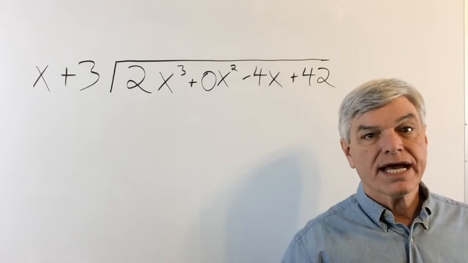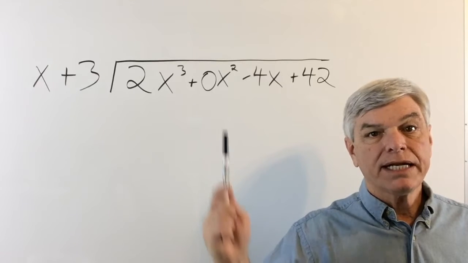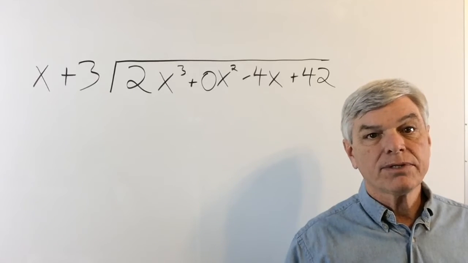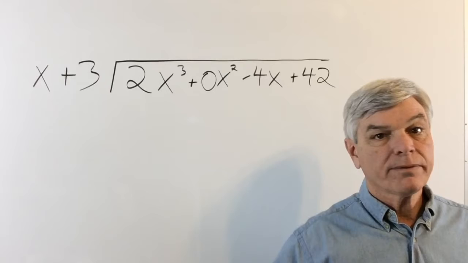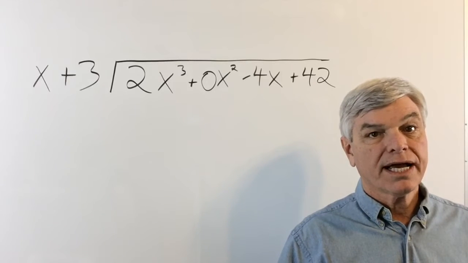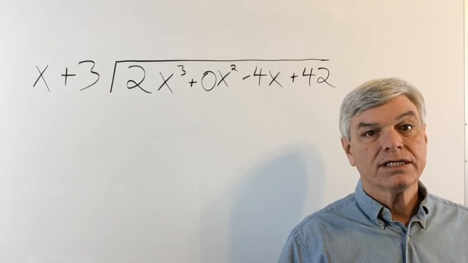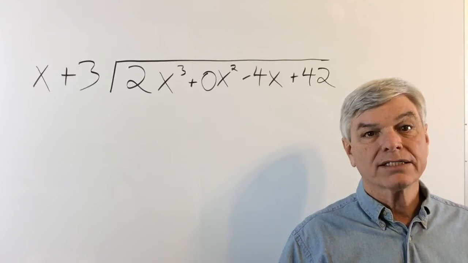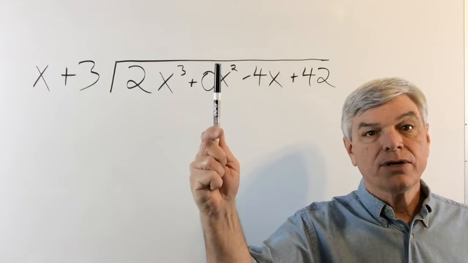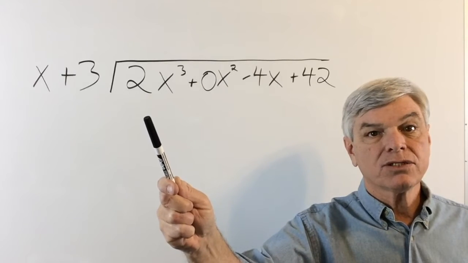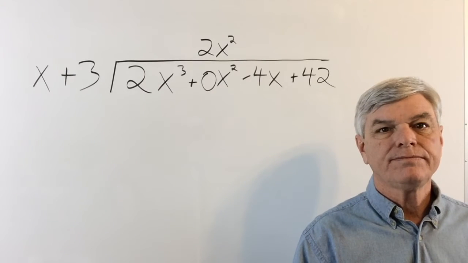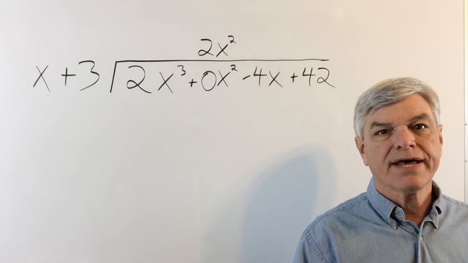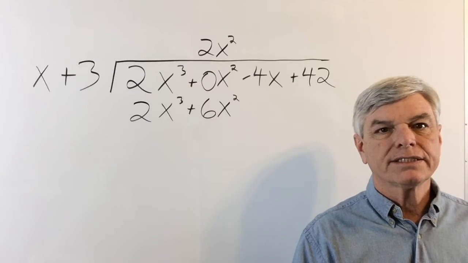Our divisor doesn't have a coefficient, and we need to get to 2x cubed. So in this column, remember I promised you that we're going to have x squares? Well, our first number is going to be an x squared, and it's going to be 2x squared, right? 2x squared times x is 2x cubed. Good. And let's multiply that out. That's good.